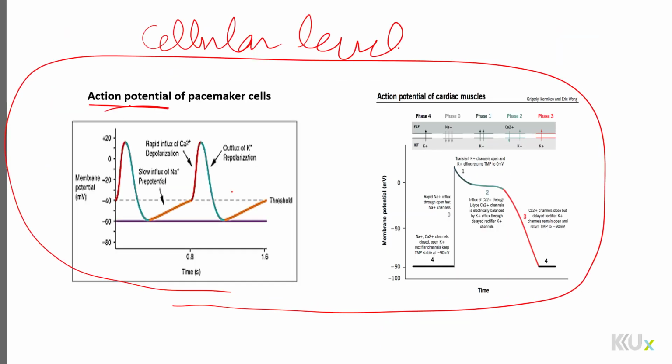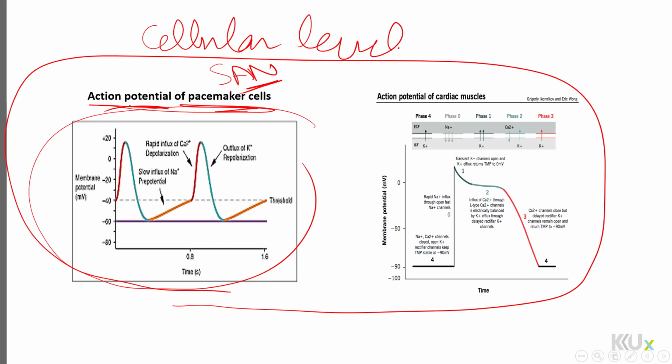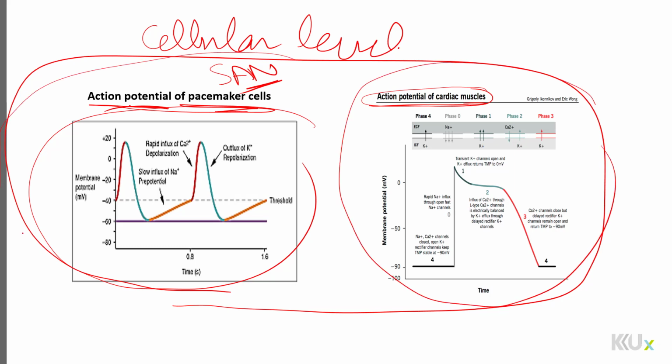So this is what this figure represents: the action potential in the pacemaker cells, that is the sinoatrial node and similar cells, and this is the action potential in other cardiac cells that only conduct and do not produce electrical activity.